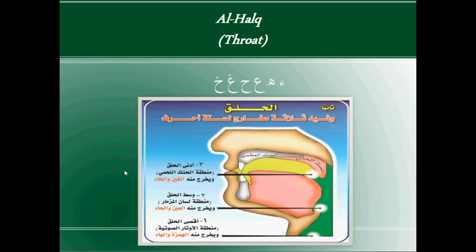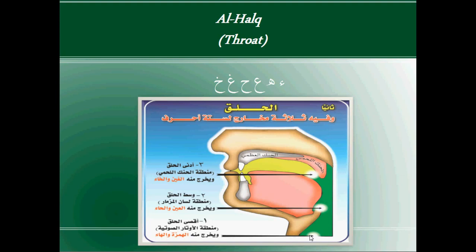The next makhraj is al-halq, the throat. The letters from the halq are hamza, ha, from the bottom of the throat, ayn, ha, from the middle of the throat, and ghayn, kha, from the top of the throat. Hamza and ha are very light. Do not put pressure on your throat. It just comes from the inside out without much pressure.